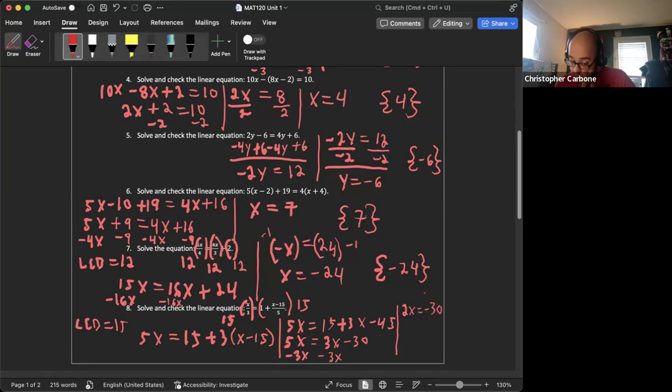Divide both sides by 2, which would just give us that x is equal to negative 15. So as a set, we would have negative 15 within those brackets.